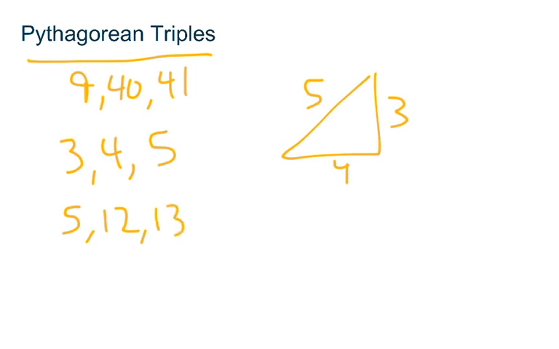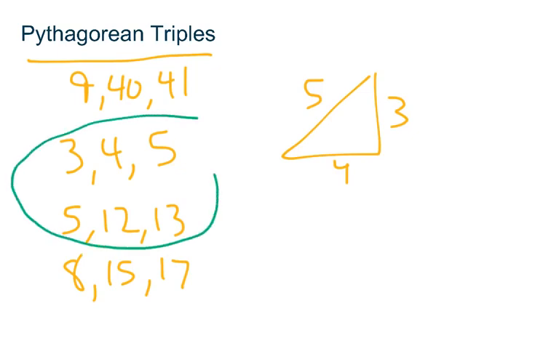Another one is 8, 15, and 17. And then you've got 9, 40, and 41. For the most part, though, these are the big ones that you're going to see a lot in your math future, where you're going to have triangles that are 3, 4, 5, or 5, 12, 13, and you just have to know that those are right triangles, they're Pythagorean triples.